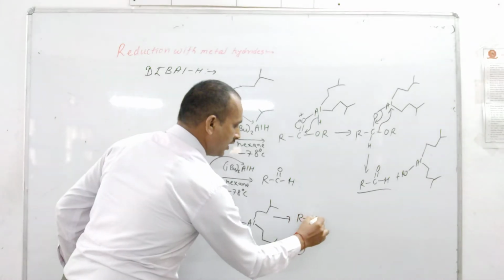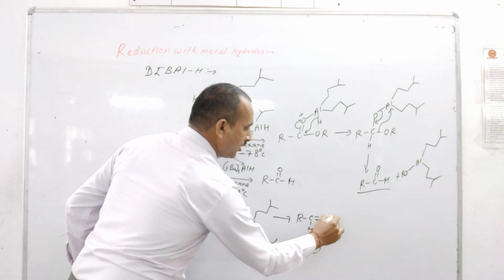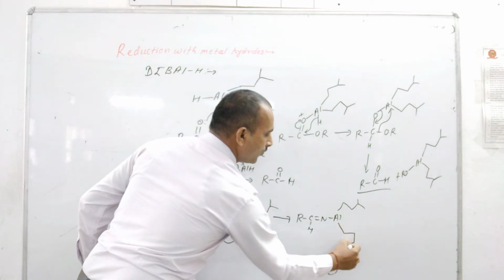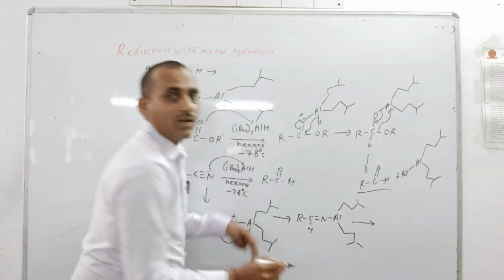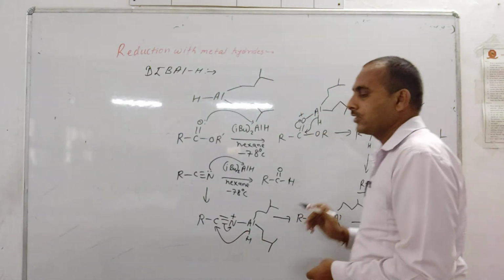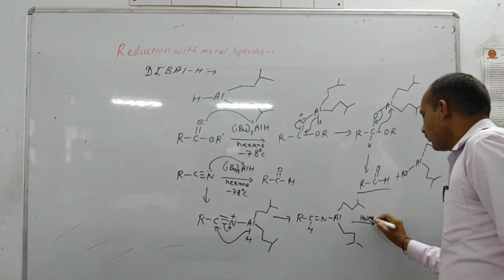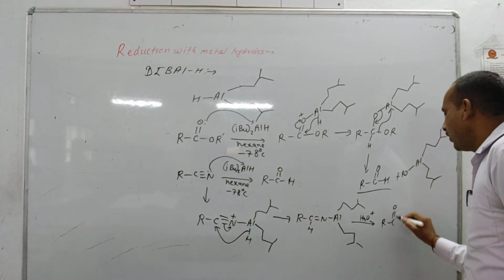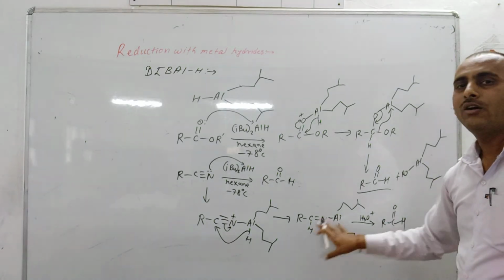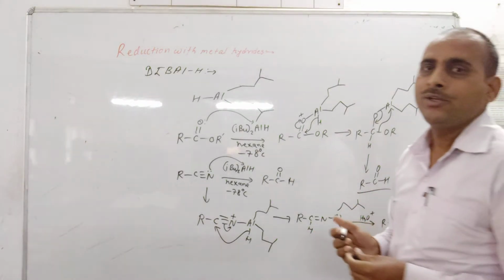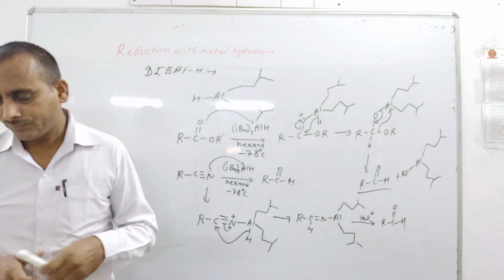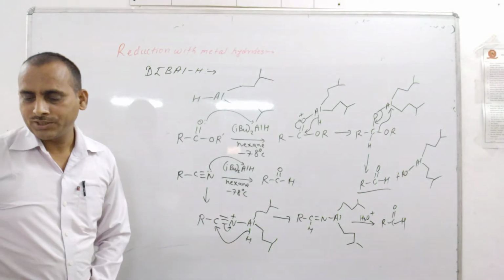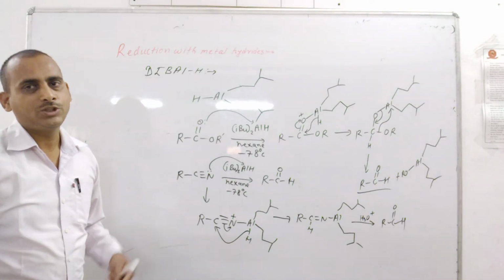Then RC double bond N, HAl diisobutyl, which on hydrolysis with H3O plus, this imine gets hydrolyzed to aldehyde RC double bond O, H. So imine on hydrolysis gives aldehyde. Diisobutyl aluminum hydride is thus used for the reduction of cyanide to aldehyde.